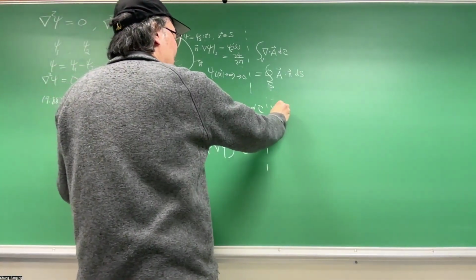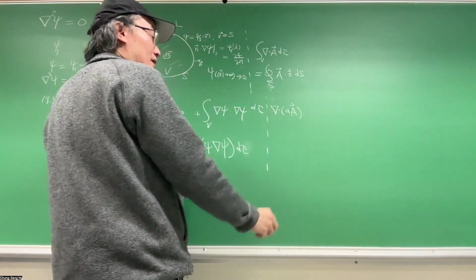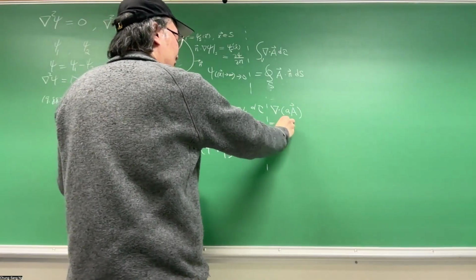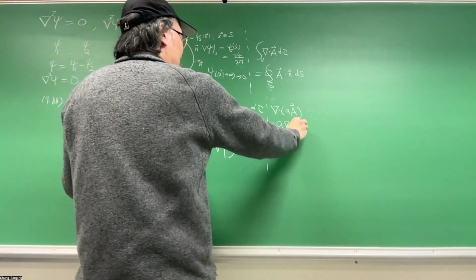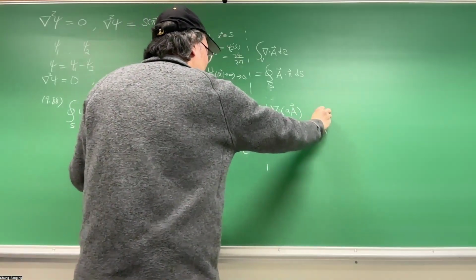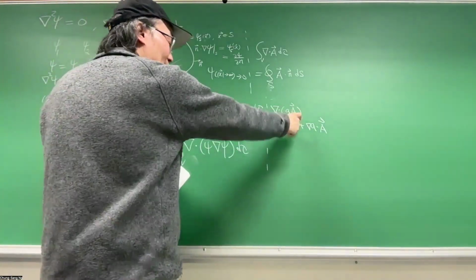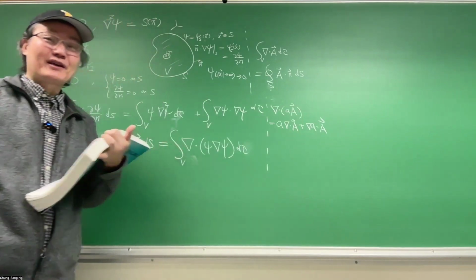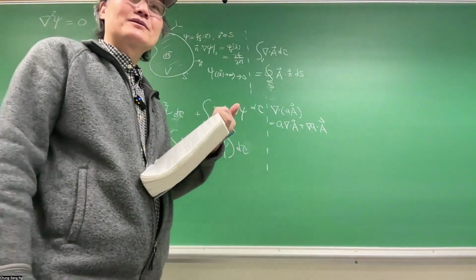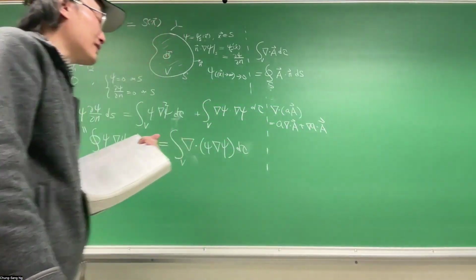If you look that up, you probably see that it's a divergence A plus grad a dot A. But if you are not sure about that, you can derive it yourself using index notation, and then you can convince yourself this is the correct identity.